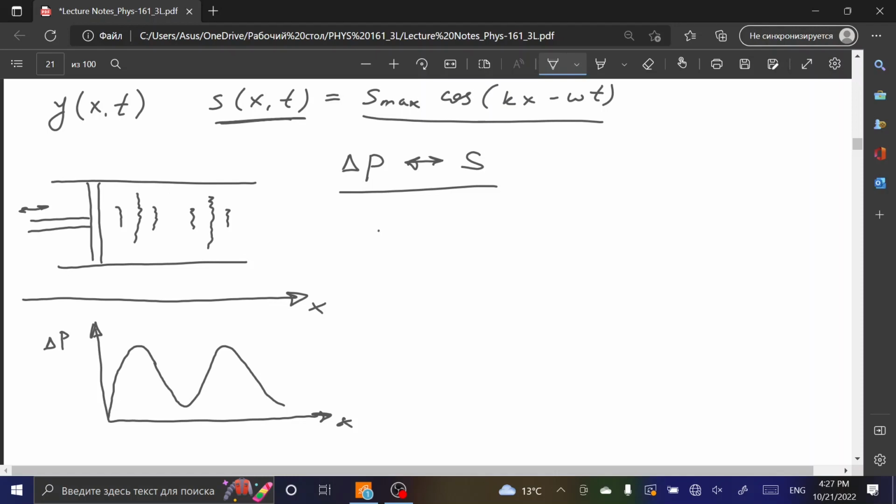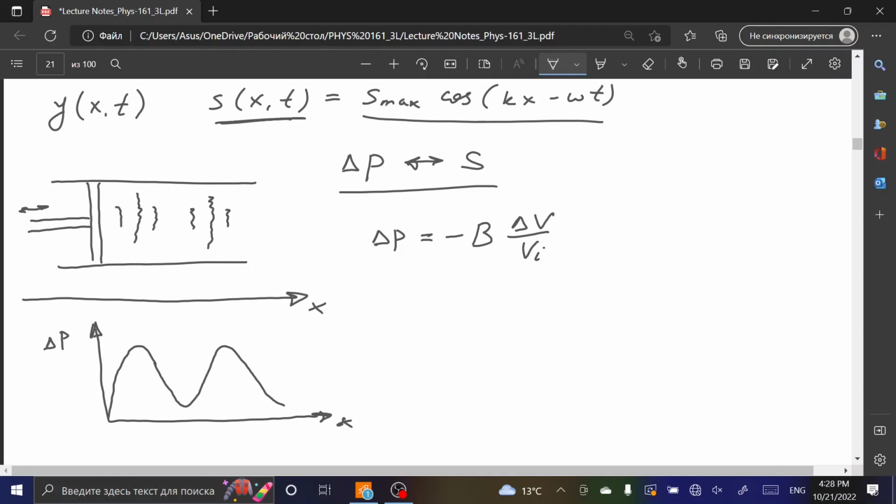So pressure change, delta P, is given as minus capital B, which is bulk modulus, an elastic feature of the medium, times delta V over V_i.